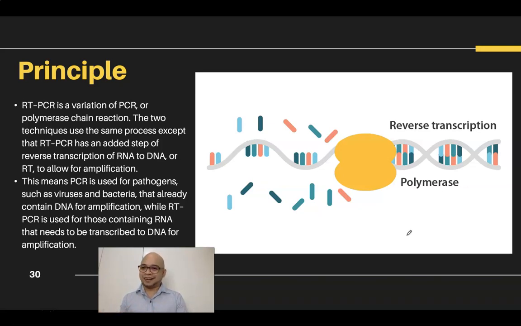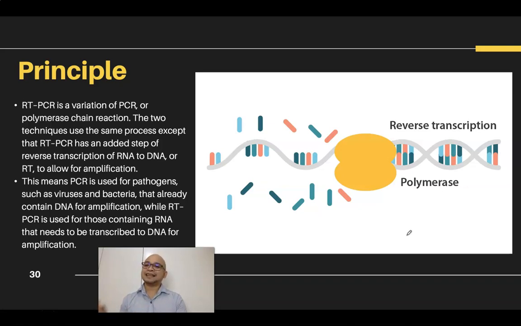Coronavirus is an RNA virus. Okay, so since it is a coronavirus, you need to convert RNA to the cDNA or the complementary DNA, to allow for amplification. So that's what you call the reverse transcription.